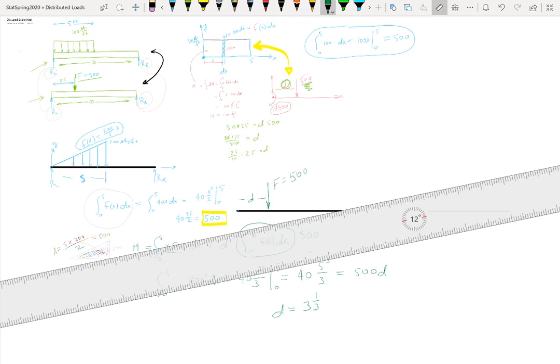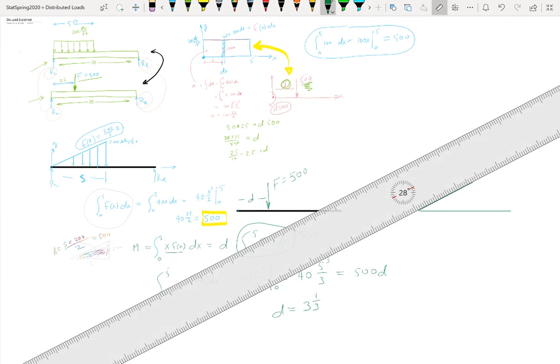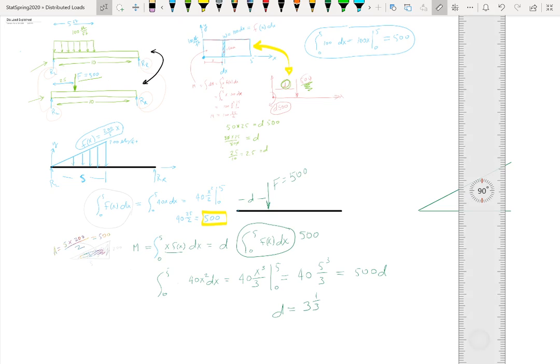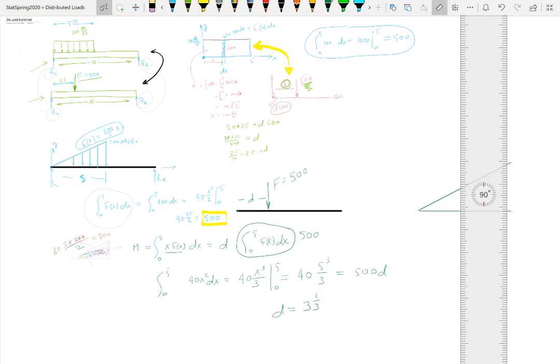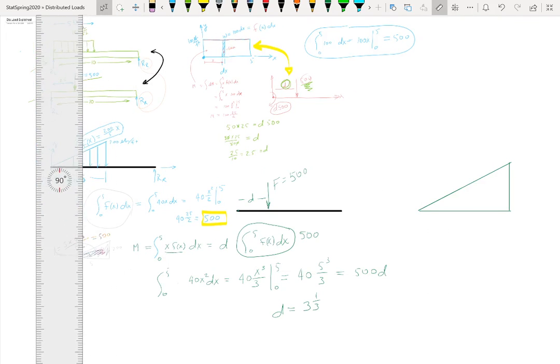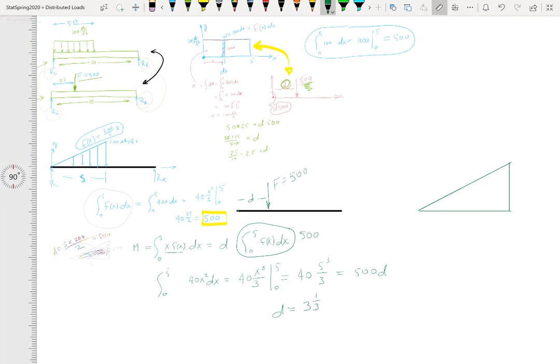If I have a triangular load, then whatever this length is here, the centroid, which is the location of this area that we ended up finding, is L over 3 from the heavy end, or 2L over 3 from the light end.